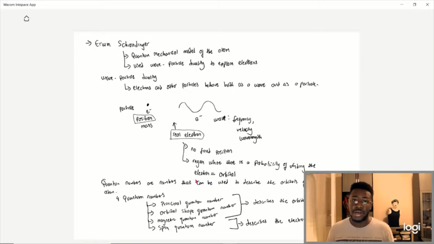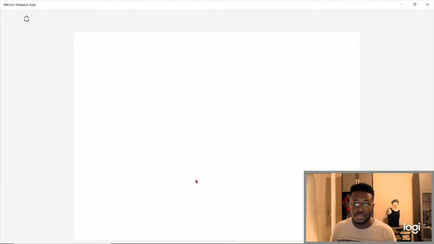They're not just going to ask you to write the quantum numbers of the entire atom. It's usually about the electron. Okay. So now that we have talked about the quantum mechanics model, we are going to focus on the quantum numbers now.